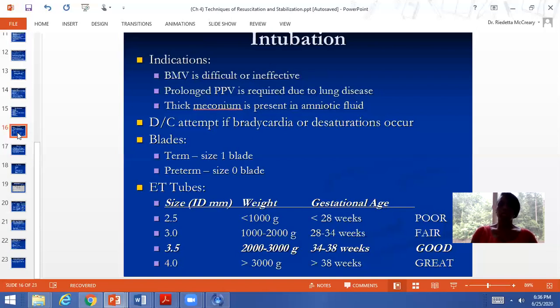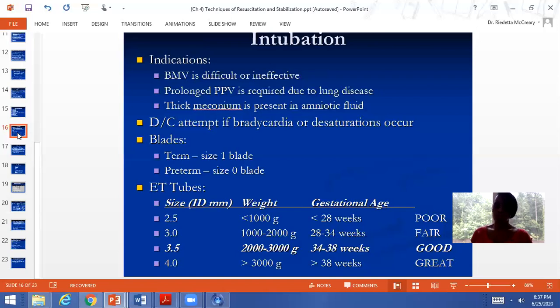Most typically, we're not attending deliveries of term babies, just not typical. Most typically, we are attending deliveries for preterm, 34 to 38 weeks, still considered preterm. 38 to 40 weeks is considered term.